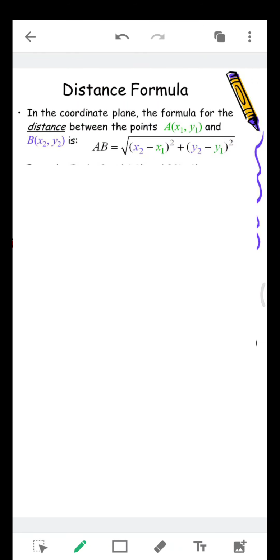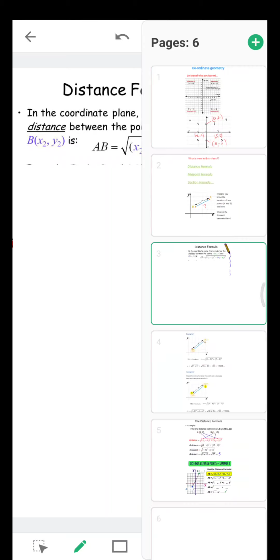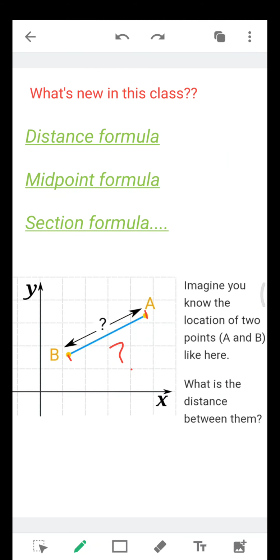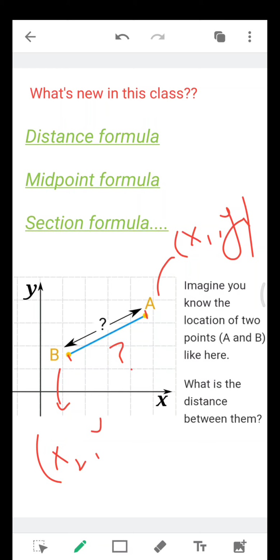In the coordinate plane, the formula for the distance between the points A (x1, y1) and B (x2, y2). Okay, so I'll number these points: this A as x1, y1, and this B I'll name as x2, y2 for my convenience.